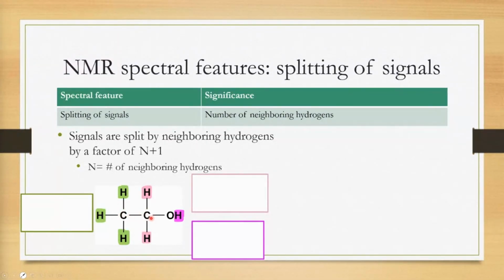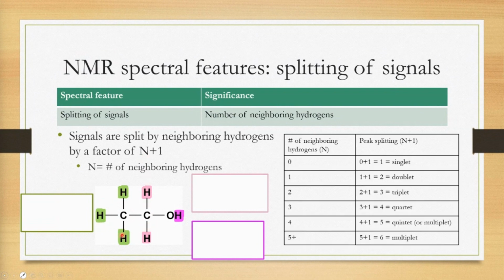This carbon only has 1 adjacent carbon, and that carbon has 2 hydrogens. So in this case, n equals 2. These 3 green hydrogens are split by these pink hydrogens, so n equals 2, add 1, and that gives us 3.